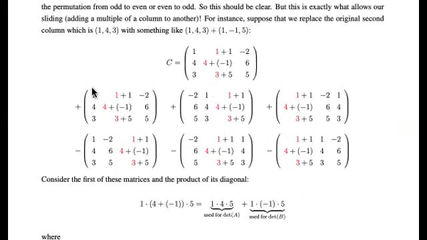When we multiply, we can distribute across this addition here, this addition here, and so forth. When we do that, we can separate out the parts that contain red.